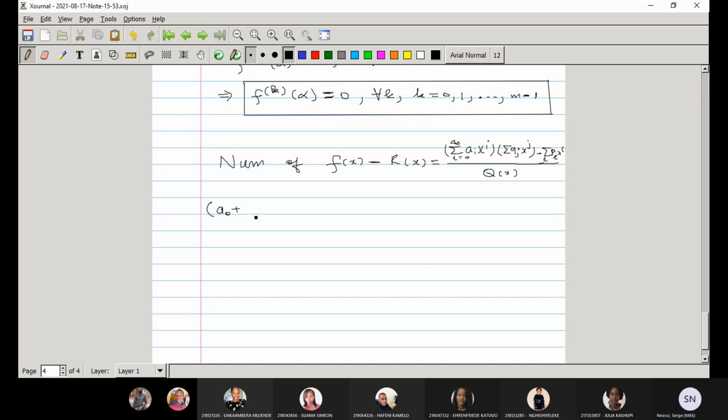A0, A1x, A2x squared, and it goes to infinity because this is an infinite sum. But this one is finite. Remember that Q0 is 1. Then Q1x up to QMx^M.